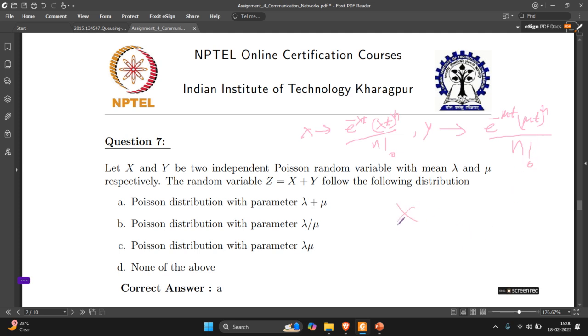Find the distribution of x plus y. This is a very interesting question. The answer is lambda plus mu.